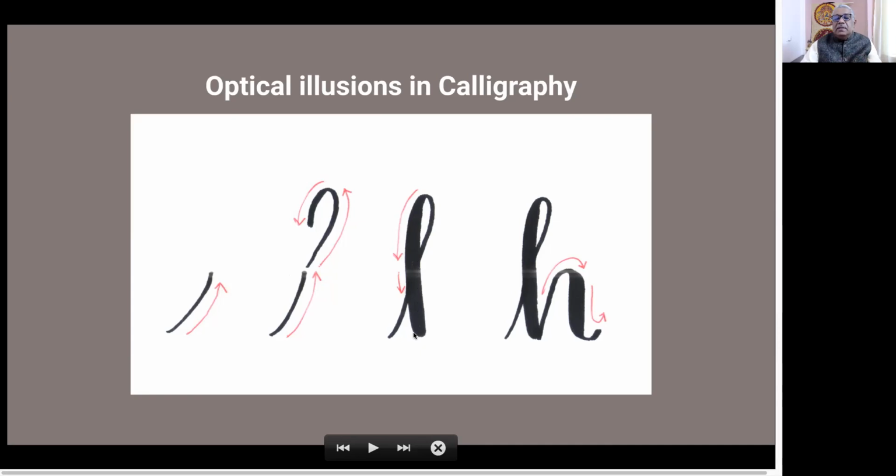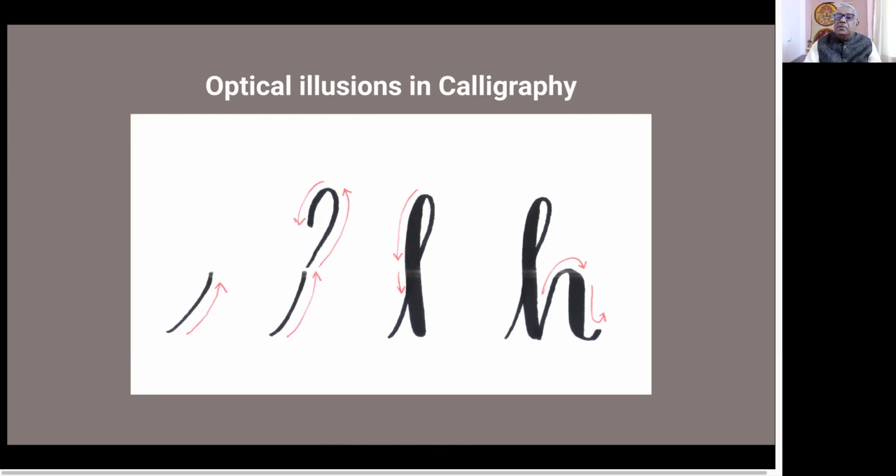So it is an interesting example of optical corrections done totally through intuition and visual sensitivity rather than going by a structured learning process. This is a very interesting example of how calligraphers do optical corrections. These are not documented or taught with a specific focus on why we are doing it.